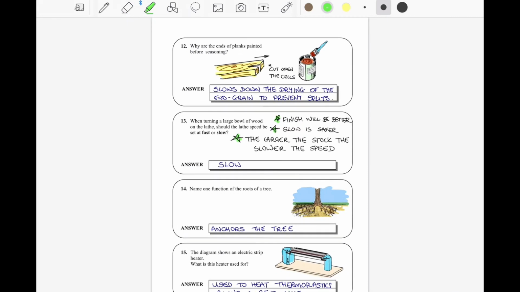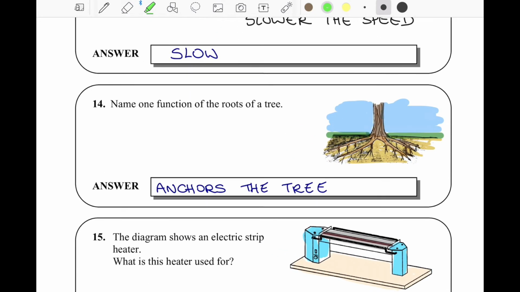Question 14. Name one function of the roots of a tree. Well, it anchors the tree, right? But is there any more I could have put in there?